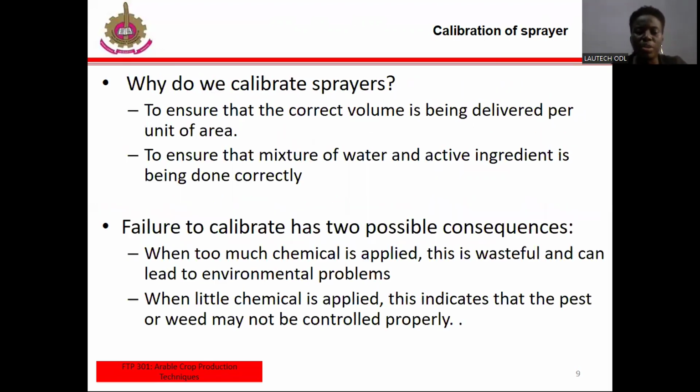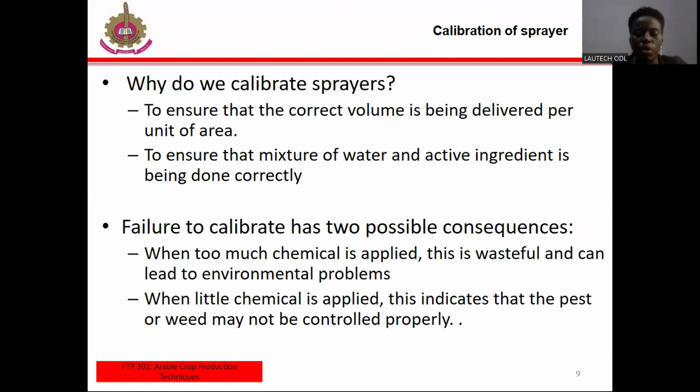Why do we need to calibrate our sprayers? We do this to ensure that the correct volume is being delivered per unit area of land. And the second one is that it helps to ensure that the mixture of water and active ingredients is done correctly. Then what will be the consequence of not calibrating our sprayers?